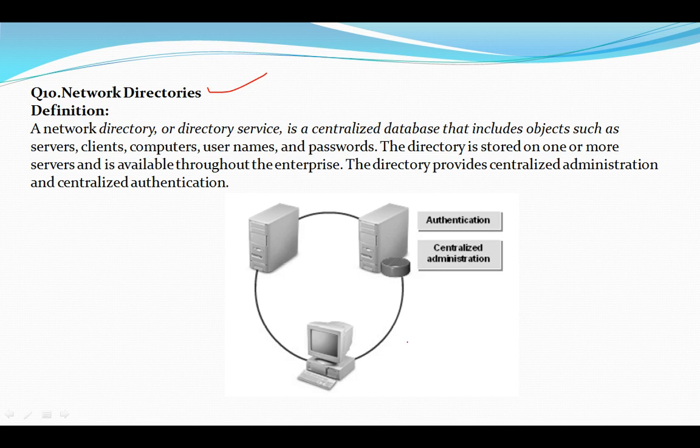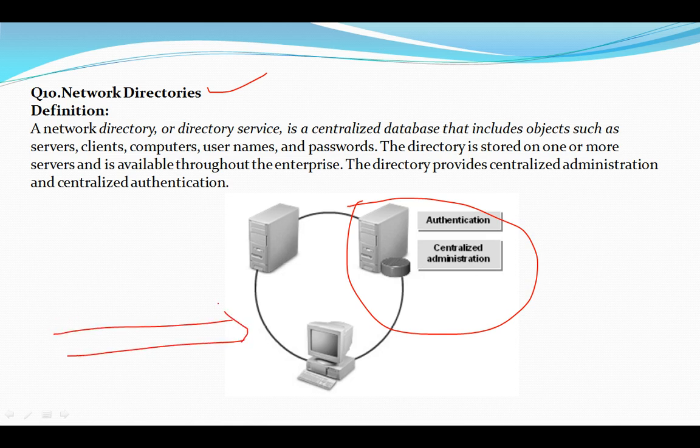I have a directory which contains information like servers, client computers, usernames, and their passwords, and it will keep all those things at a centralized location, and it will help to access the network resources, or for authentication or authorization. The directory is stored on one or more servers and available throughout the enterprise. So that will be stored somewhere, so that it should be available throughout the enterprise.